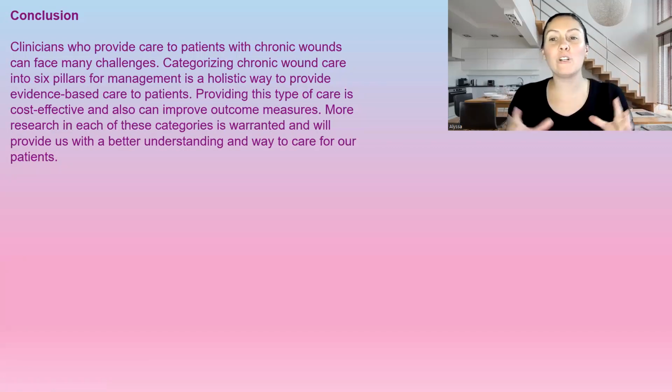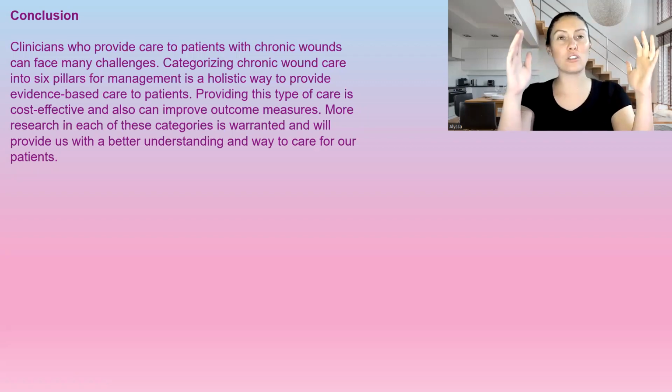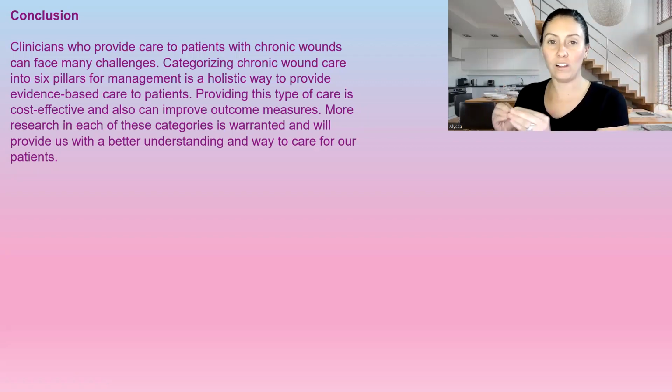So the 6 pillars is really a holistic, evidence-based practice to look at the whole patient instead of just that hole in the patient. Because as you've seen, there's so much more that we're looking at, rather than just looking at that hole and wound bed preparation and what are we going to be using on that wound.